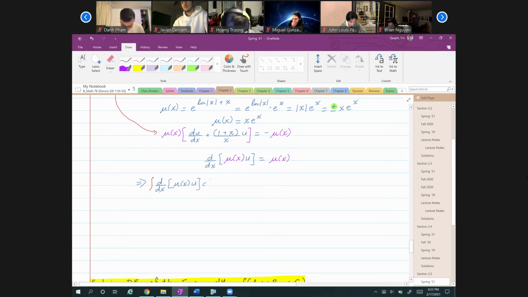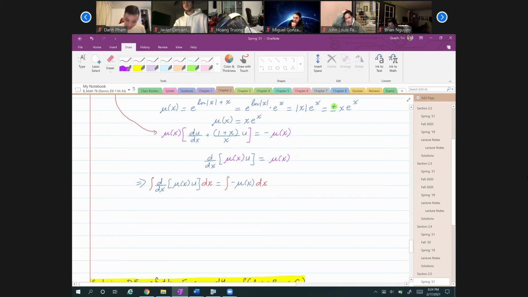With respect to x. And on the right-hand side, you integrate negative mu of x with respect to x. All right, so what do we have?